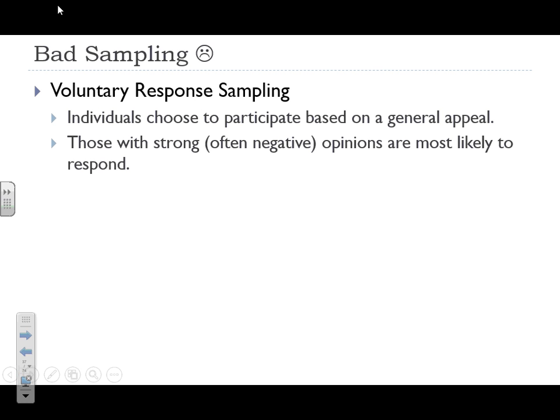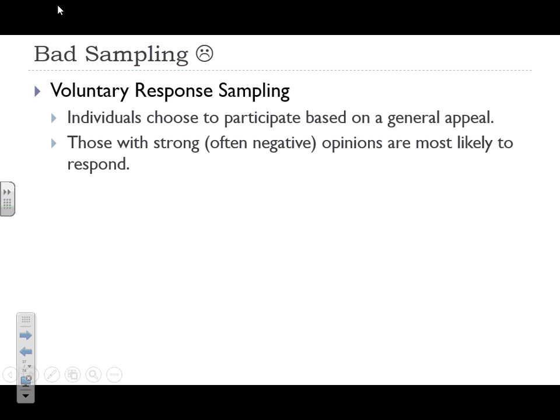So when you're looking at a voluntary response sample, when you're allowing the people to decide whether they become part of your sample or not, most often you're going to get people that are responding in the negative. If you think about the two emotions between positive and negative, which one's generally stronger or drives you to do something more? It's generally the negative.